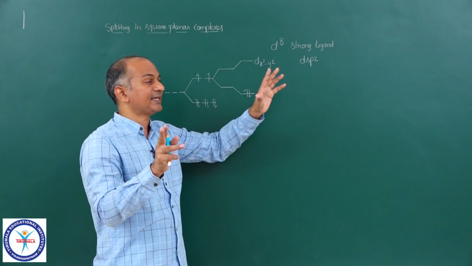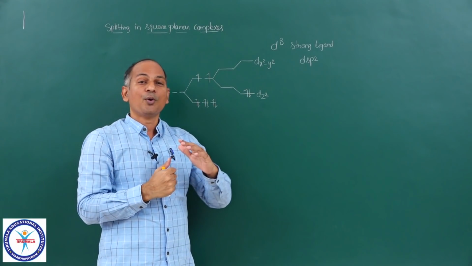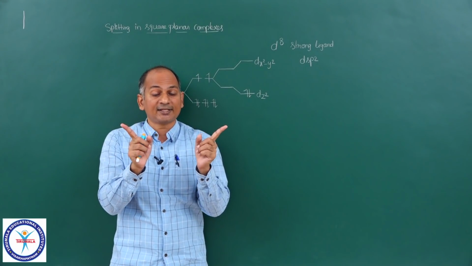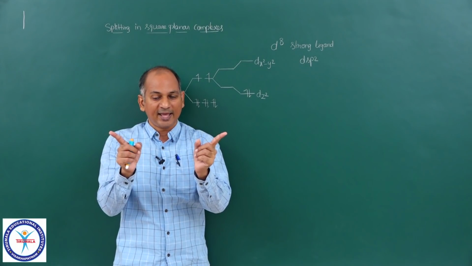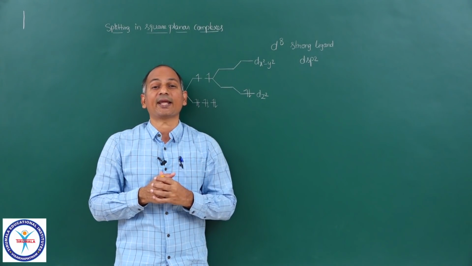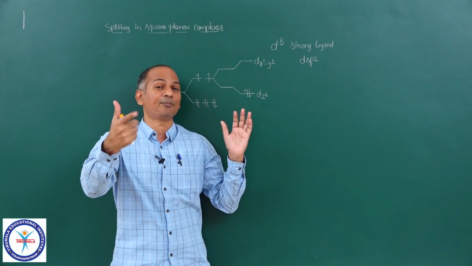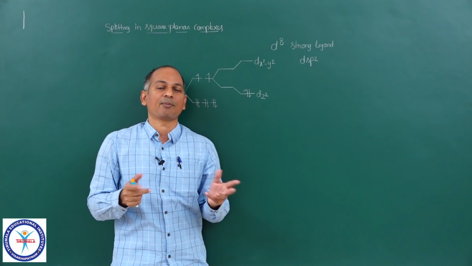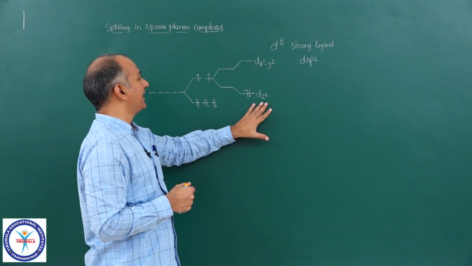Only in those cases, the gain in this energy is able to more than compensate for those repulsions, because ligands are coming towards each other. When you move from tetrahedron to square planar, ligands move towards each other, so they repel each other to a greater extent. So this gain in energy is more than compensating that particular loss. So ultimately the complex is square planar. Now the same thing happened in the d9 case also.